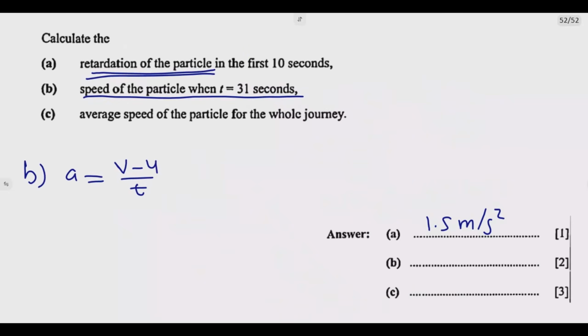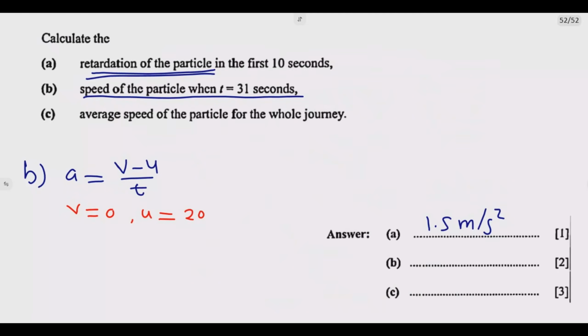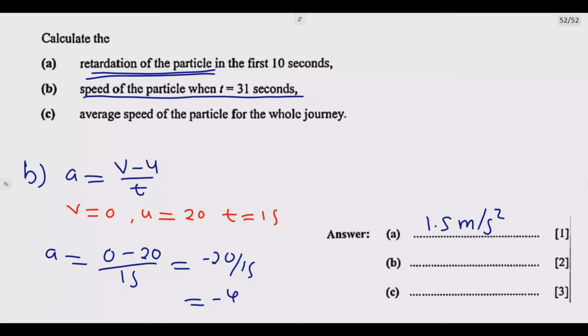So I have everything I'm looking for: v is equal to 0, u is equal to 20, then t is equal to 15. So a is equal to 0 minus 20 over 15, which gives me minus 4 over 3.